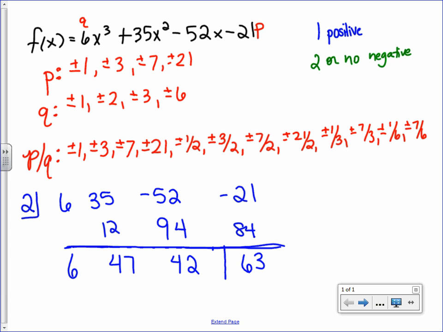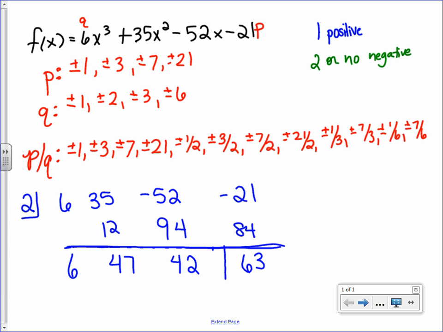Okay, but here's the thing. There's no need to test positive 7. There's no need to test positive 21. 7 over 2 is out. 21 over 2 is out. 7 over 3 is out. So we have eliminated some. We're down some of them now because we have found an upper bound. How do I know this is an upper bound? Remind me of that.